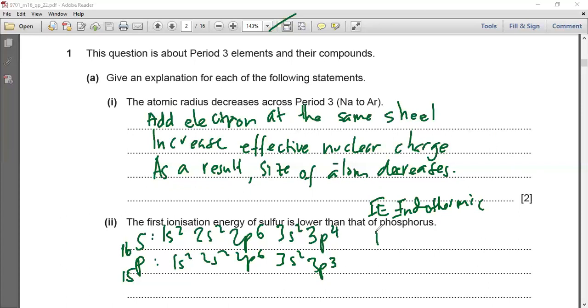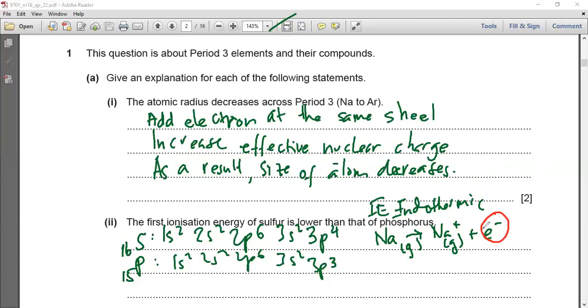Before I answer this question, I want to remind you that when you write the equation for first ionization energy, you have to put the state symbol, which is gaseous. Sodium becomes sodium ion plus electron. This process of removing an electron from the outer shell requires energy.